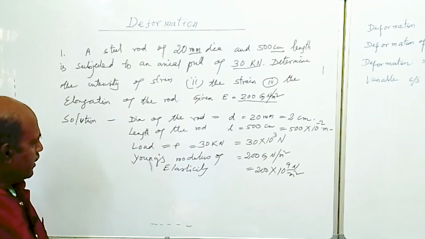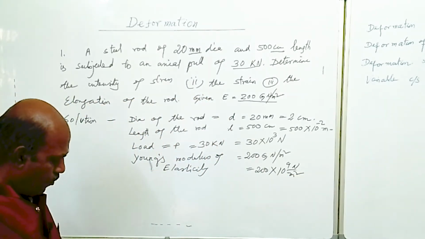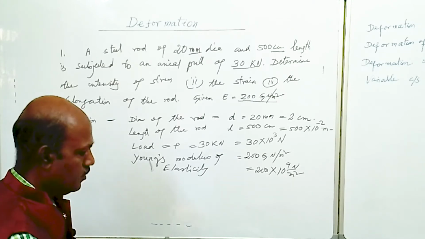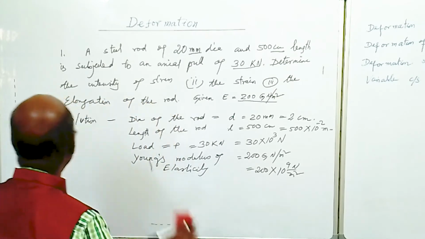So these are the various data given in the problem. Now we will solve the problem. First we will find out the cross sectional area of the bar.